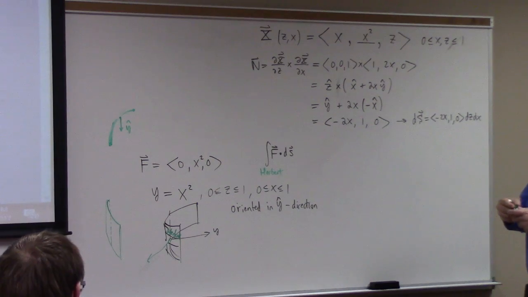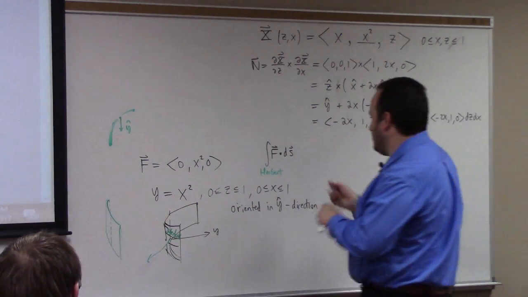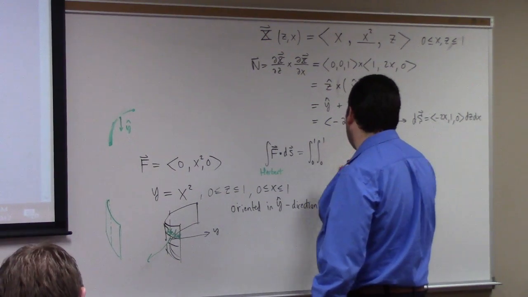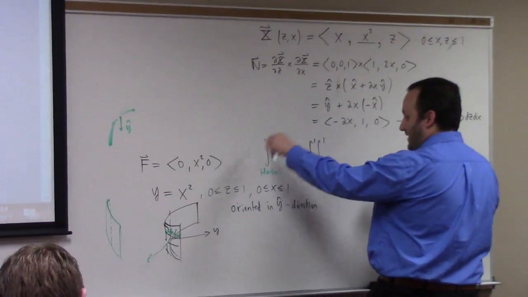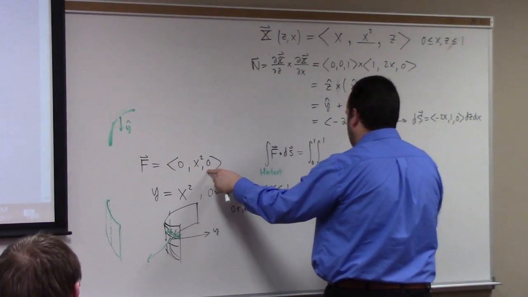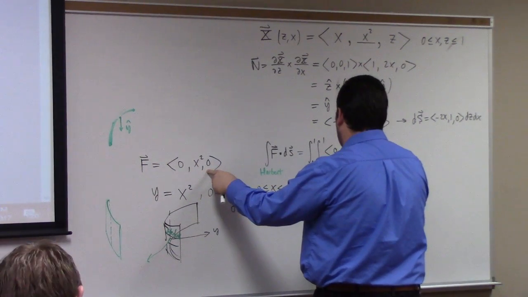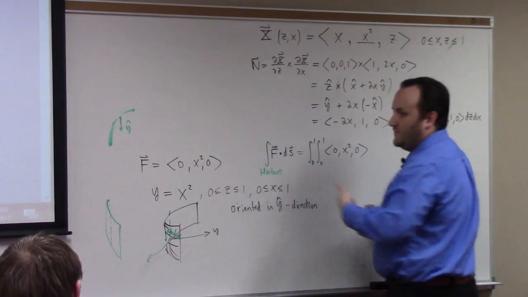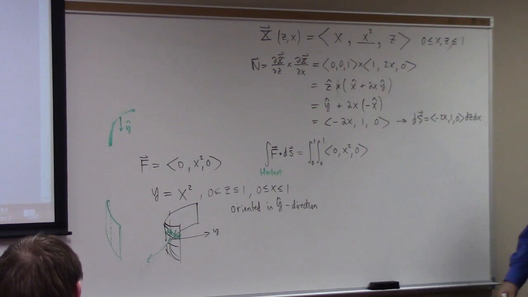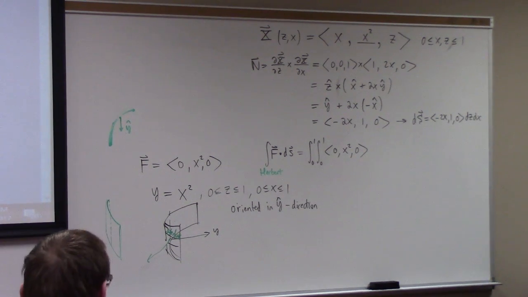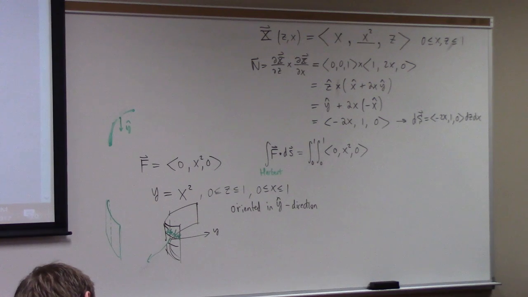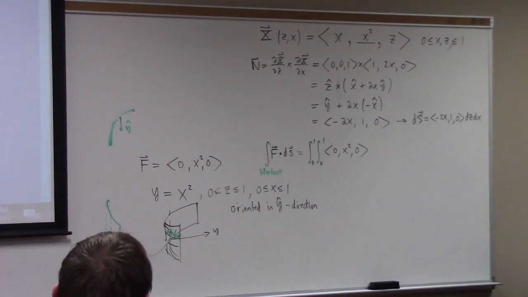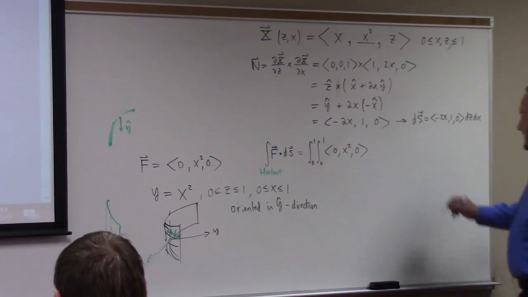Anyway, bad pictures aside, what is the integral here? We're integrating from 0 to 1. Integrating from 0 to 1. What's F? My F was 0, x squared, 0. Evaluating F at the parameterization here is kind of a non-event since we're using x as a parameter. Putting the vector field in terms of x equal to x, and then dot with the normal.